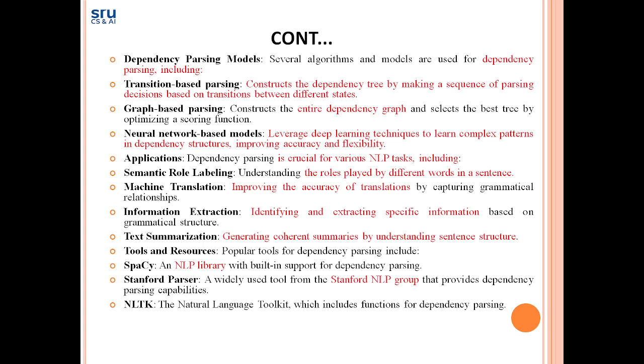Neural network-based models leverage deep learning techniques for learning complex patterns in dependency structure, improving accuracy and flexibility. Applications: it is crucial for various NLP tasks, including semantic role labeling, machine translation, information extraction, and text summarization.